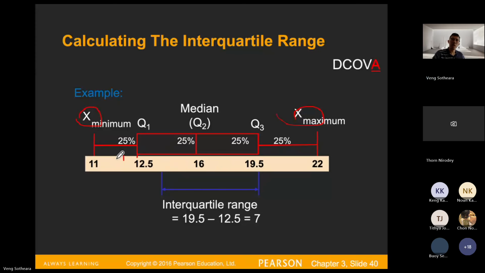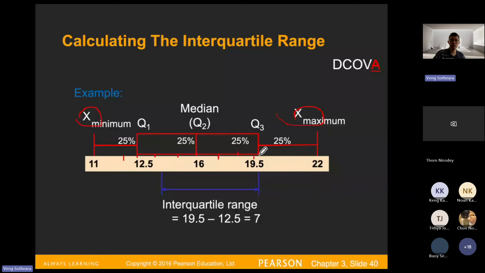You have to put all of them in the right scale. Put those five values in the right scale, starting from 11, then 12, it should be 12.5, then 13, 15, 16, 17, 18, 19, 19.5, let's say.